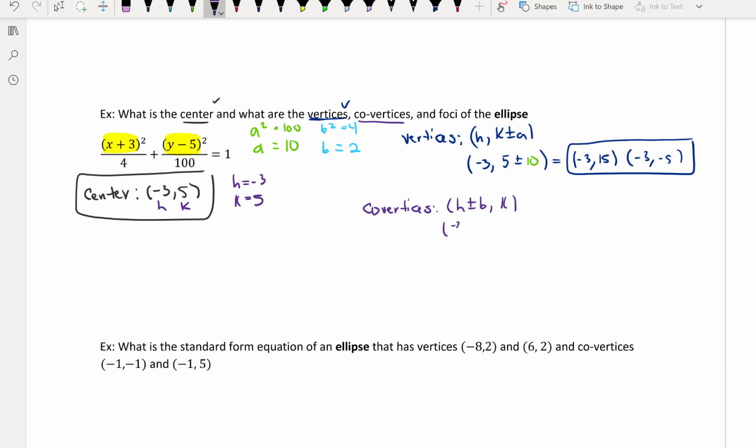Our h value was -3, and our b value is 2, and our k value is fixed at 5. So now I'm going to work this out. -3 plus 2 is -1. And if I have -3 minus 2, that's -5. So that is going to be our co-vertices.